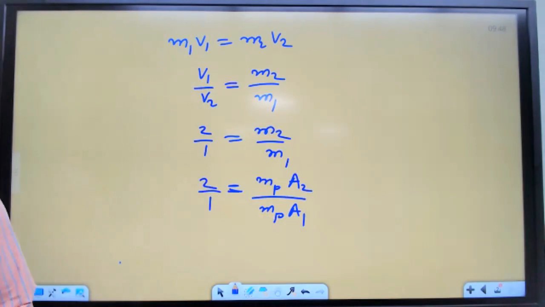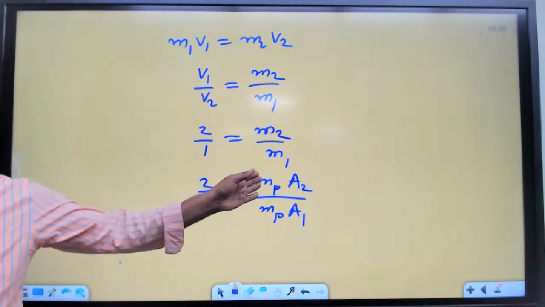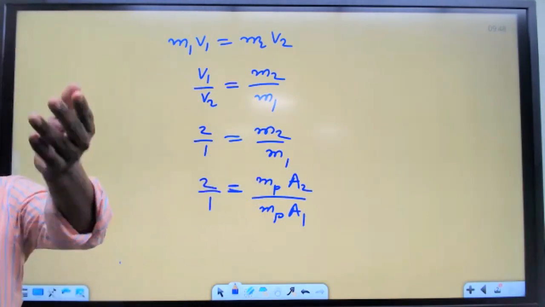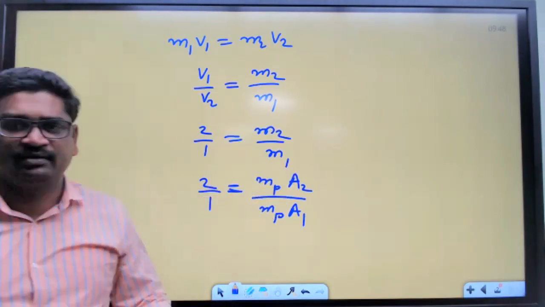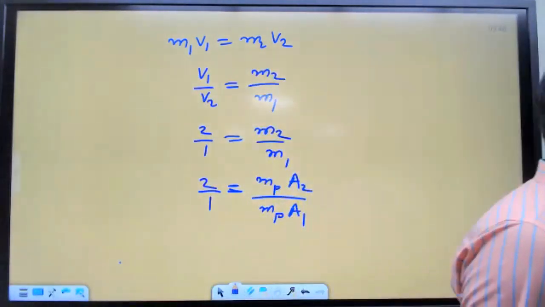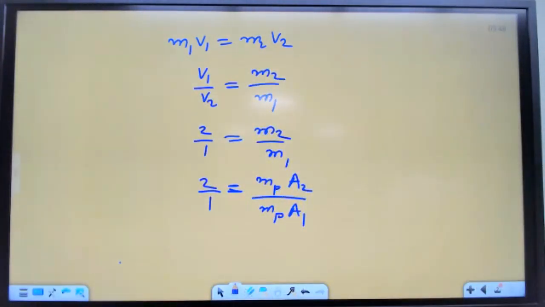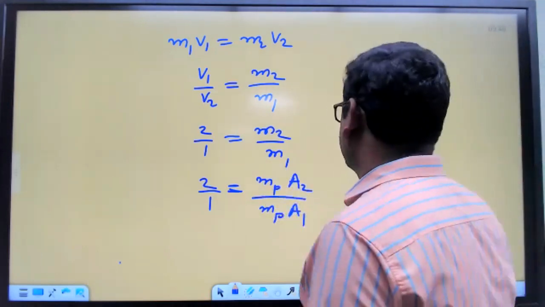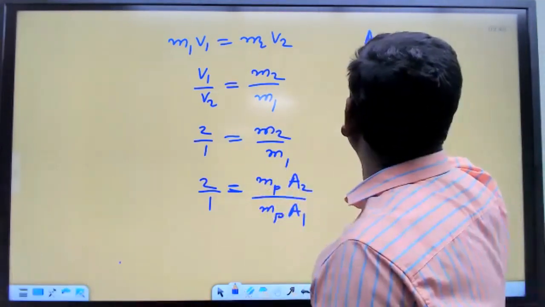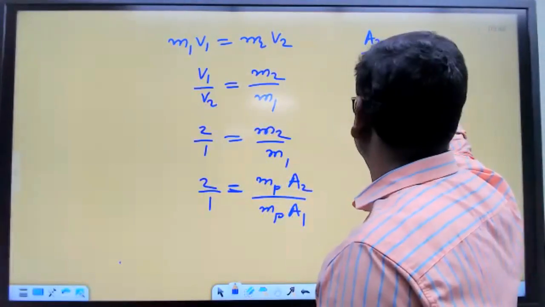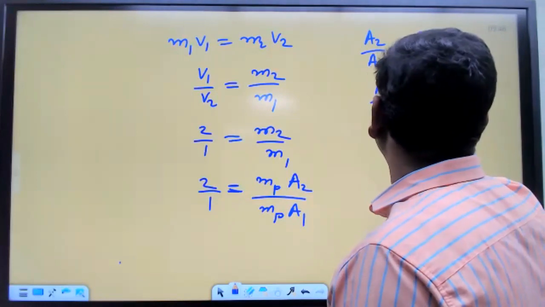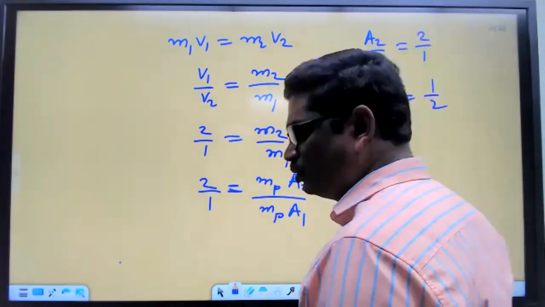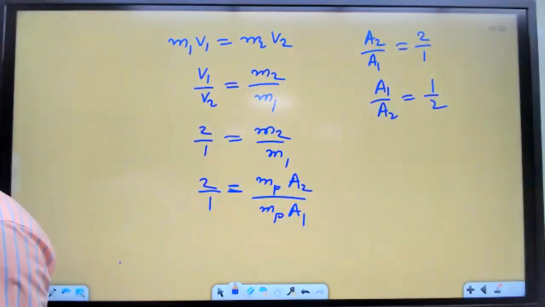Mass is the number of protons plus neutrons into the mass of each nucleon, nothing but mass times A. Now cancel the mass on both sides, then you get A2 by A1 equal to 2/1, so A1 by A2 is 1:2.